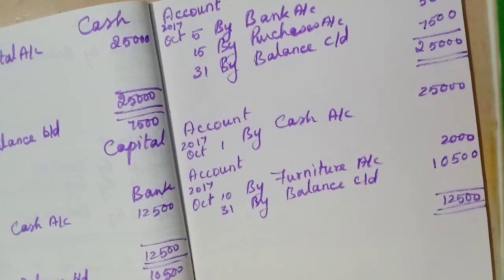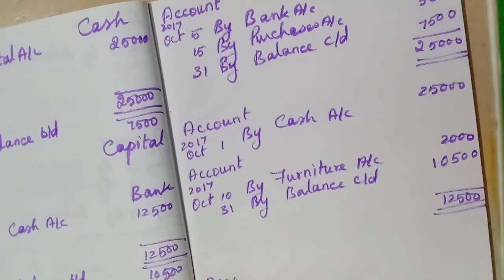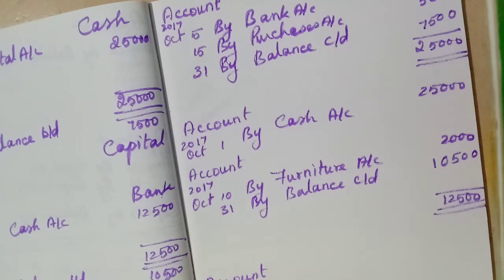Okay, then after bank account, second entry over. Third one, furniture. Isn't it? Purchased furniture. So furniture account. Furniture account by here. What is the entry? Furniture account debtor to bank. So debit side. So write the date. October 10, isn't it?